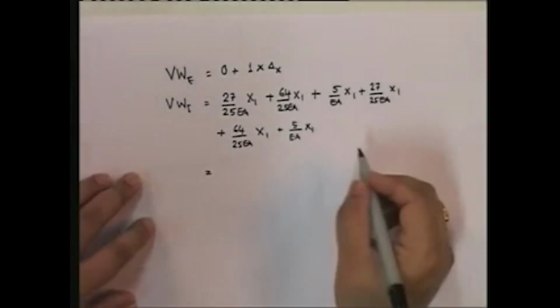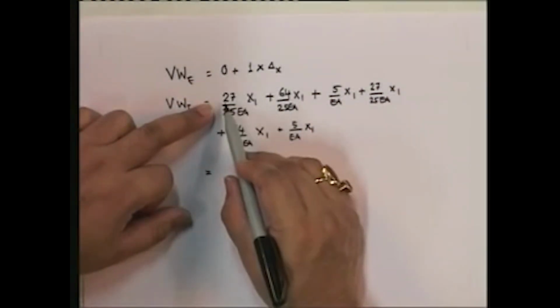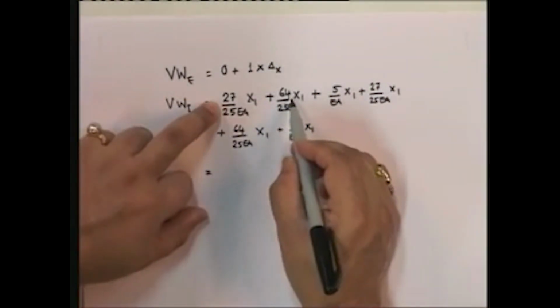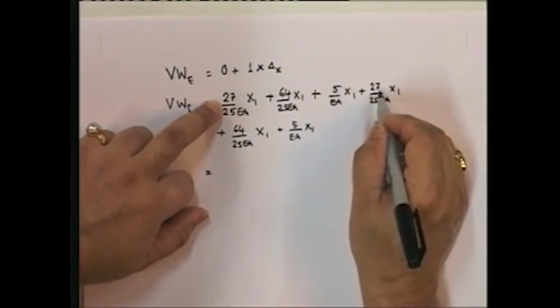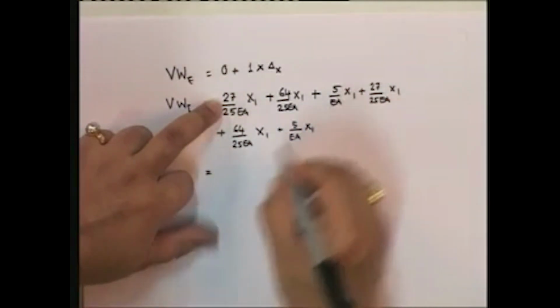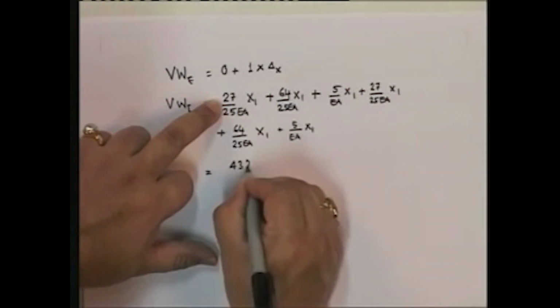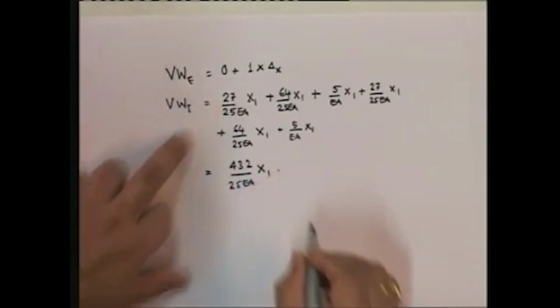So if I add all of those up in 25, what do I get? I get 27 plus 64, that is 91, and there are 2, so it's 182 upon 25, 182 plus 250 is 432 upon 25 EA x1.